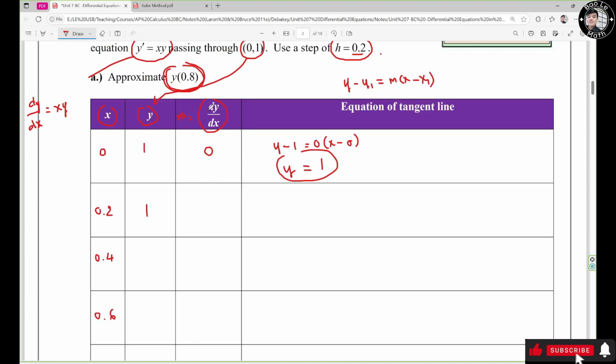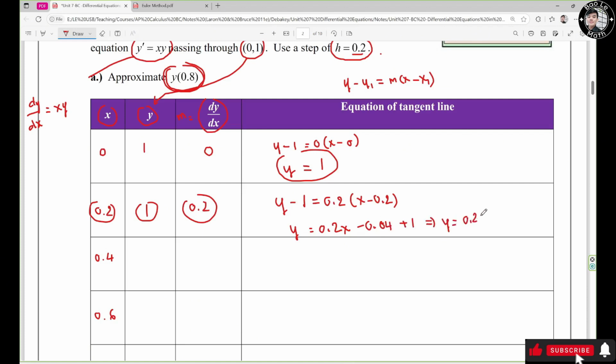Now m equals dy over dx, which is x times y, so it is 0.2. Now you have y minus y1, which is 1, equals the slope, which is 0.2, times (x minus x1). I'm going to simplify this one, so y equals 0.2x minus 0.04 plus 1, so y equals 0.2x plus 0.96.